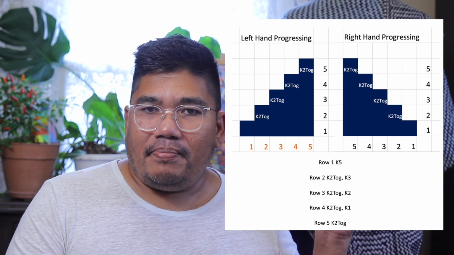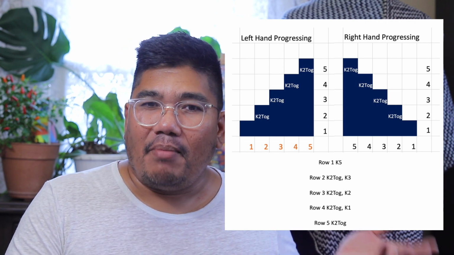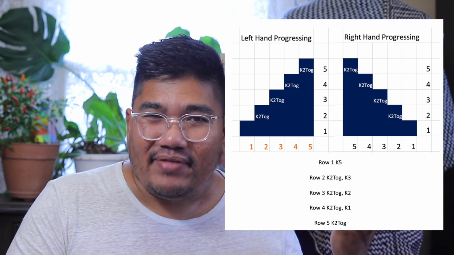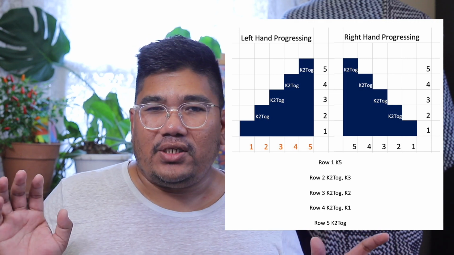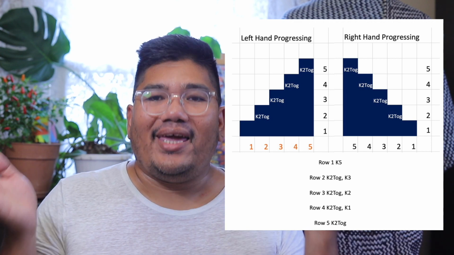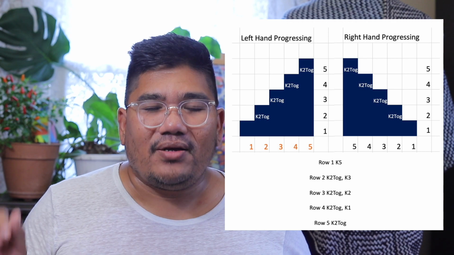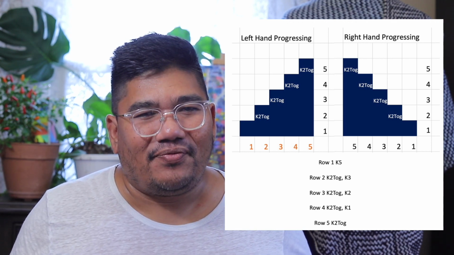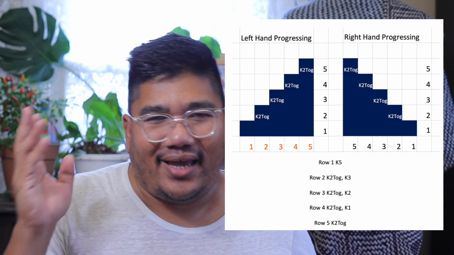If that pattern has both the chart and the instruction, and somebody wants to use the instruction, and that person is left-handed, and they don't convert that instruction into a left-handed instruction, what you will have is a mirror image of the final product had that pattern been knitted using the regular style or right-handed progressing hand.